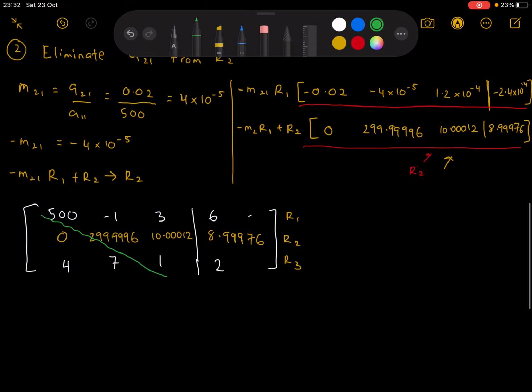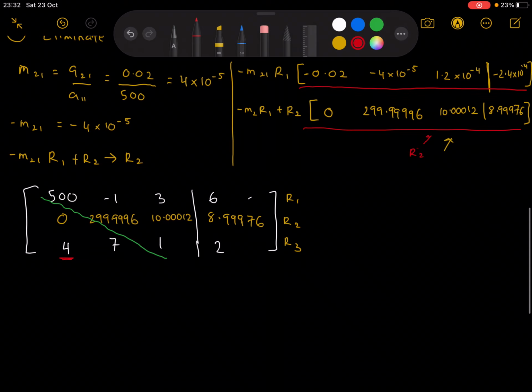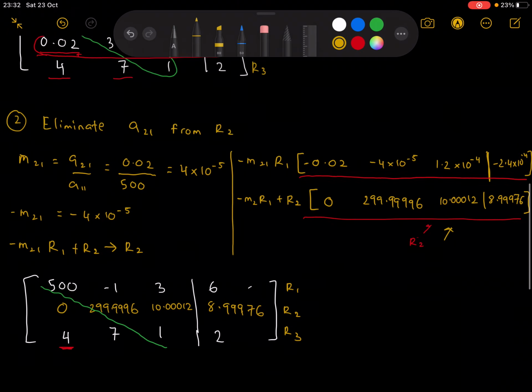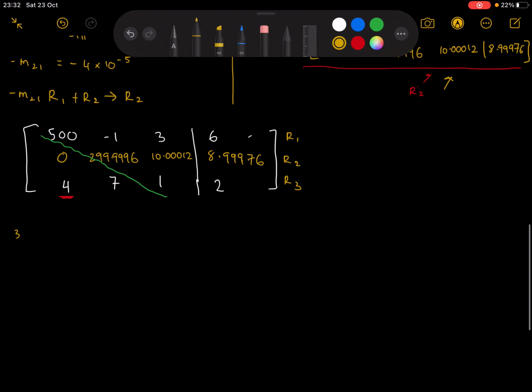next we're going to eliminate the value 4 here from row number 3. So eliminate A31 from row number 3. Find the multiplication factor first.